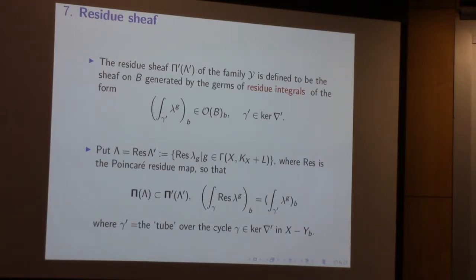So how do you do that? Well, for each gamma you have this thing, which is a period, and for each such cycle you can construct a sort of tube over the cycle, and that tube over the cycle becomes a cycle in the complement, and you integrate this meromorphic form, and then you easily show that you recover the original period.